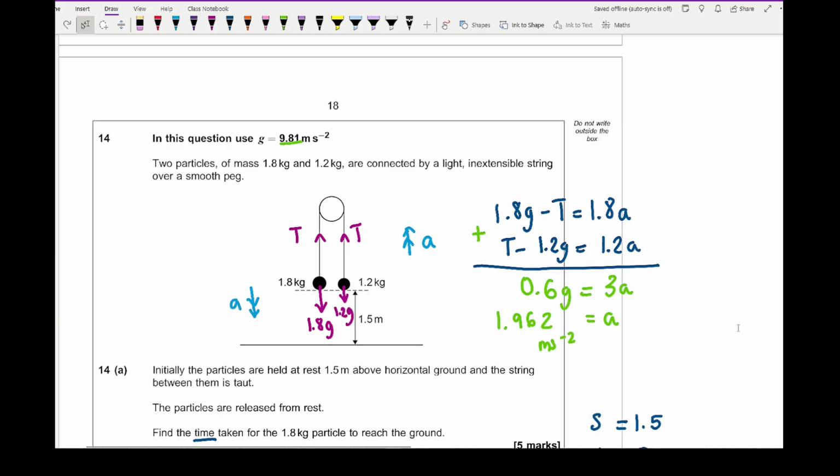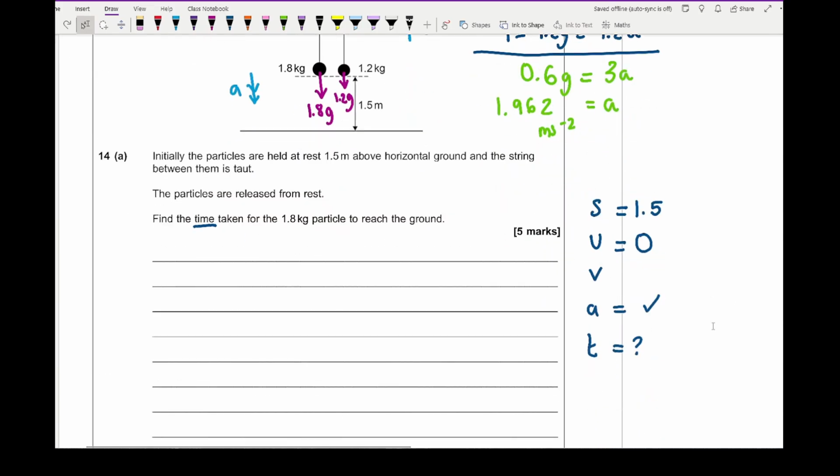So we can take that value and pop that into this here. Now we've got a SUVAT equation. We can use s equals ut plus half at squared. So substituting those values in and then finding that value for t.